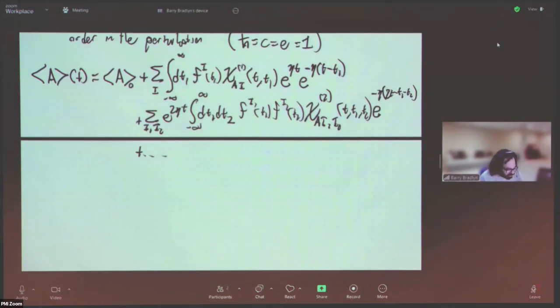The nth order term is going to look something like n factors of f, f sub I of t sub I, product over all of them, put the sum out front so that everything makes sense.